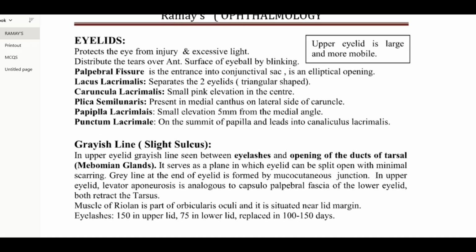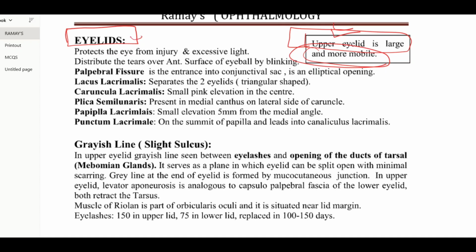Now we will study the structure of the eyelids and its related structures in detail. First of all, note that the upper eyelid is larger and more mobile. What is the function of the eyelids?